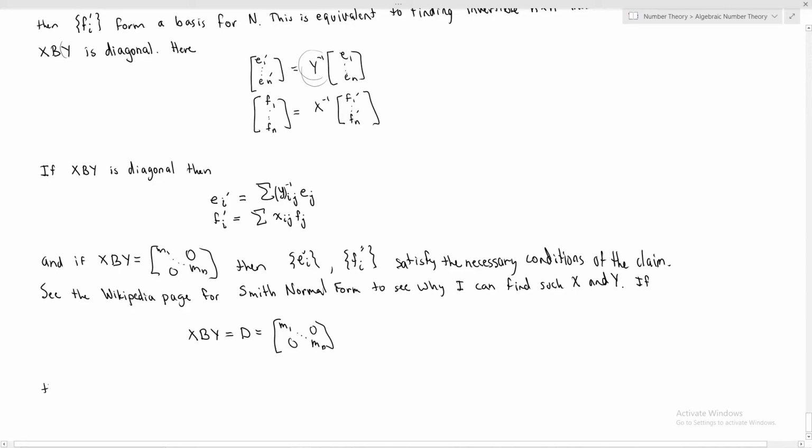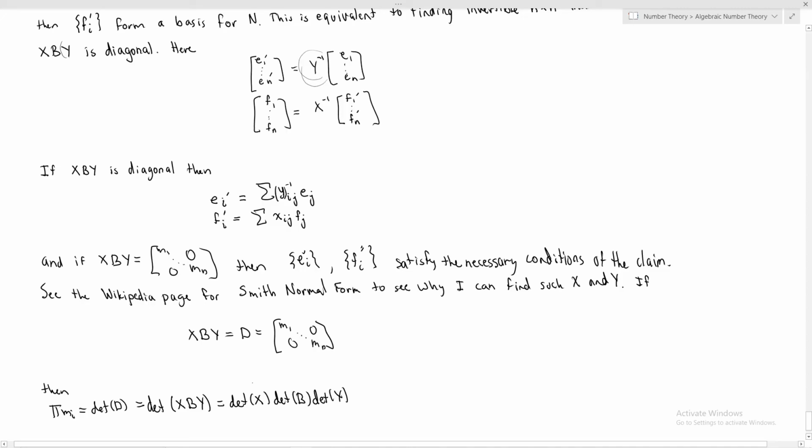If this is the case, then when I take determinants, this is going to be determinant of X, determinant of B, determinant of Y. On the left this will be the determinant of D, which is the product of the m_i's.